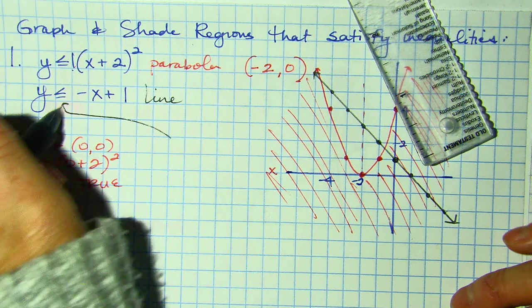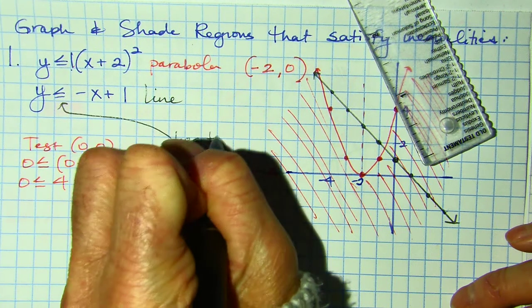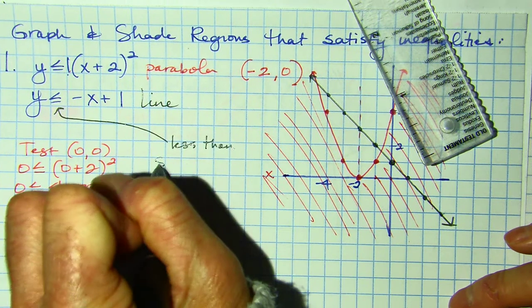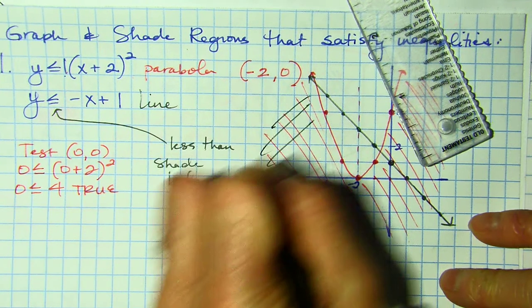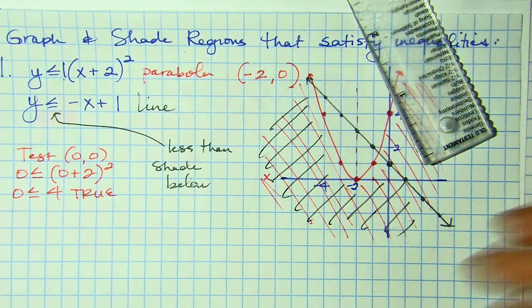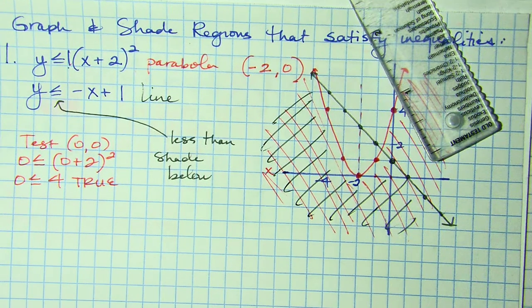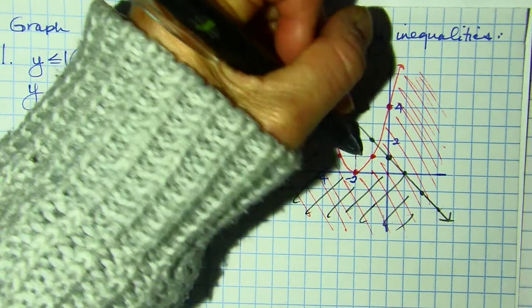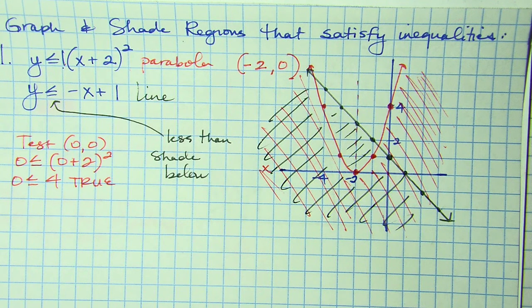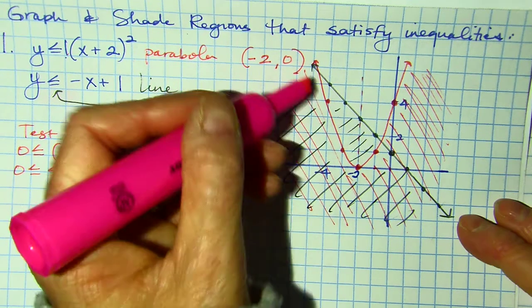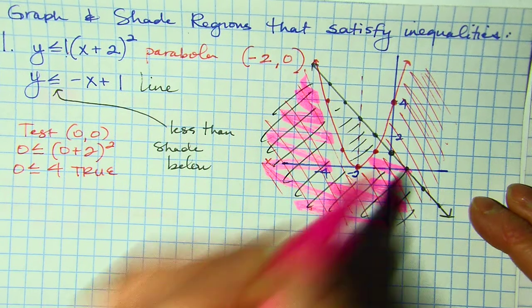That is less than, so I'm going to shade below. Notice I didn't shade in the parabola. I want to be able to easily see the area. You can, but I want to see the areas in which they overlap. And they overlap right here.